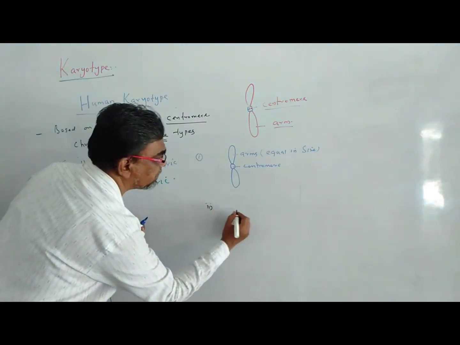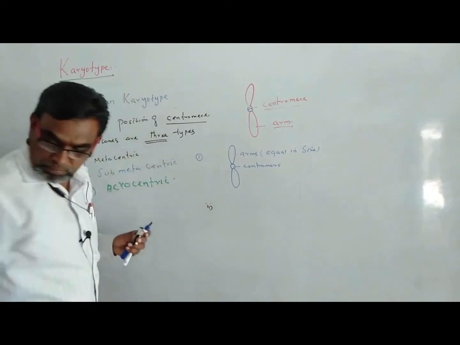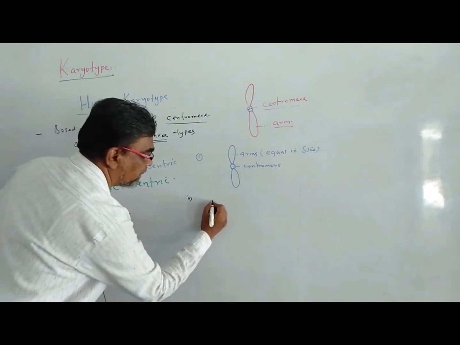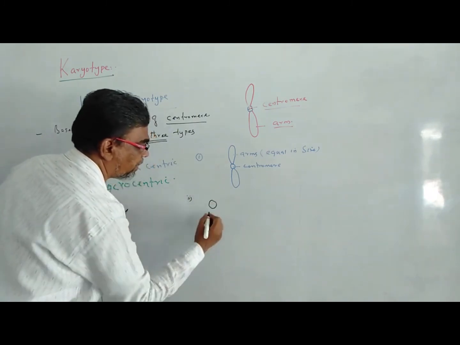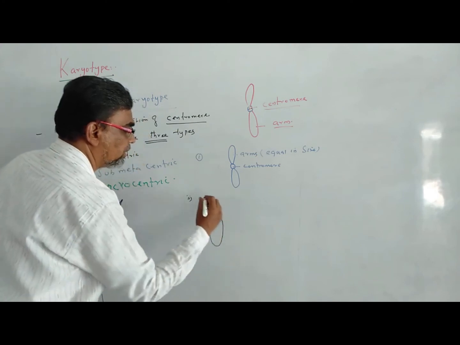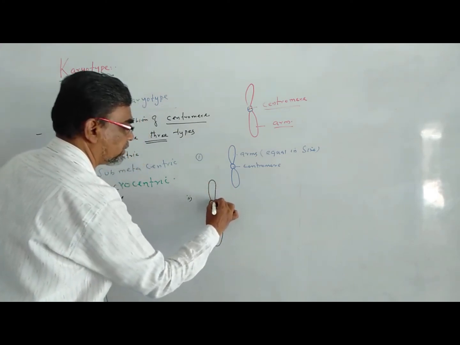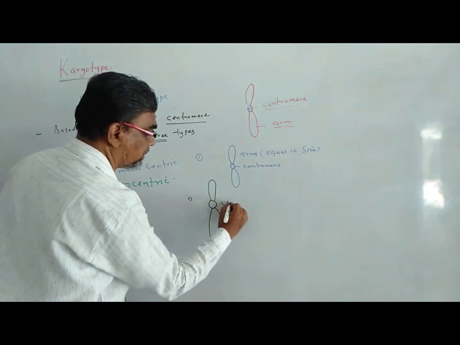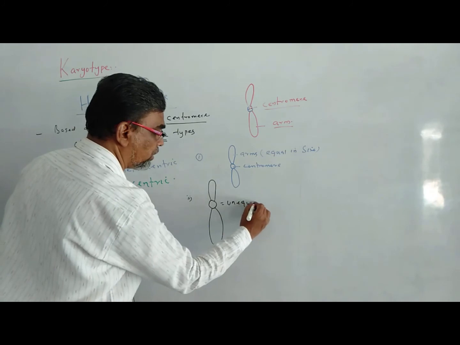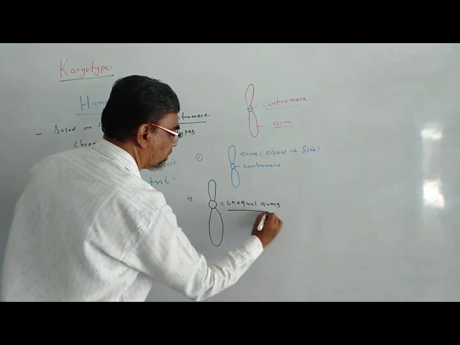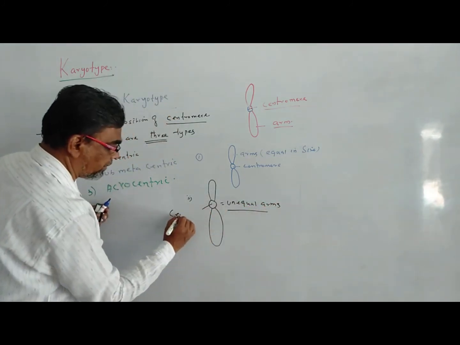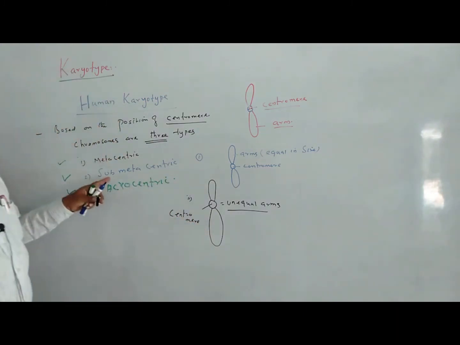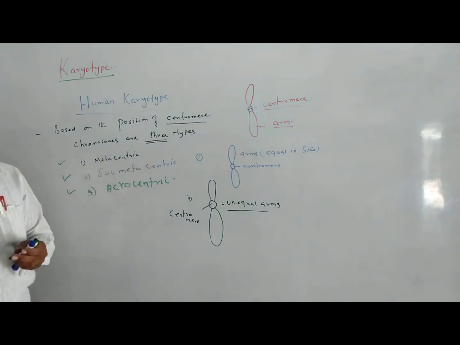What about submetacentric? The second one. Here is the centromere, here one arm is there, but here a small arm is there. So it gives unequal arms. This type of chromosome comes under submetacentric.